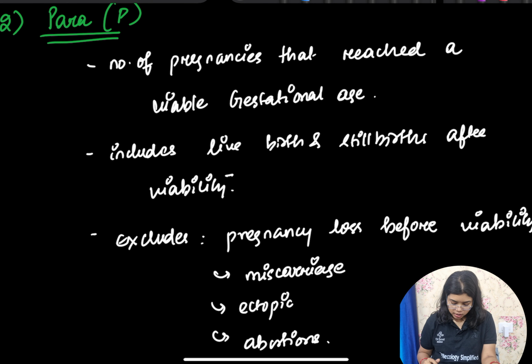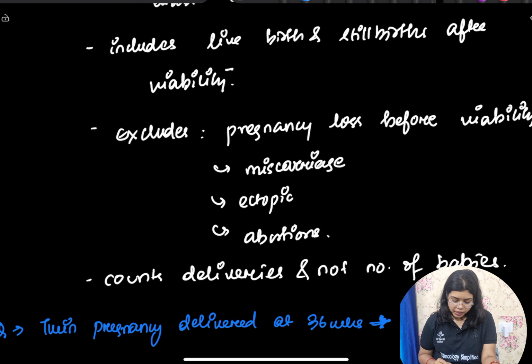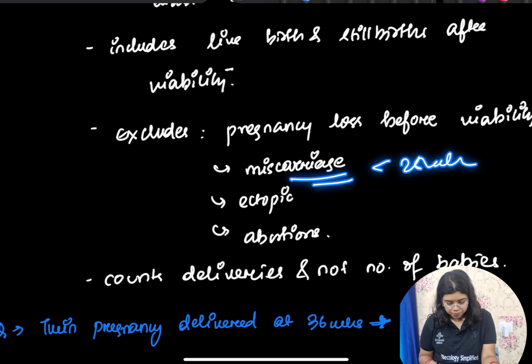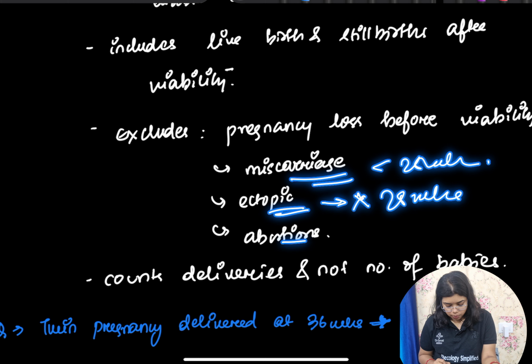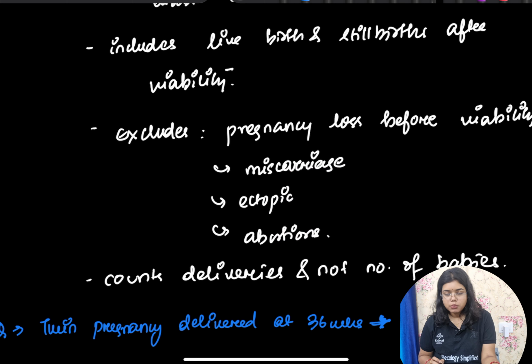Then it excludes pregnancy loss before viability. Before viability means miscarriages, less than 28 weeks. Then ectopic, because ectopic will not go beyond 28 weeks. Then abortions, miscarriage, abortion, same.